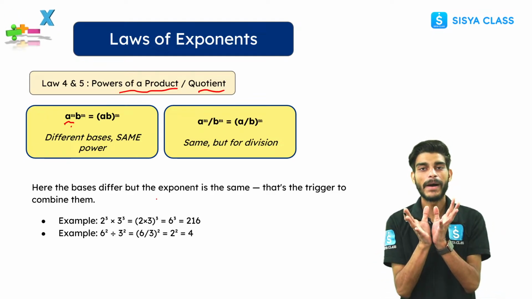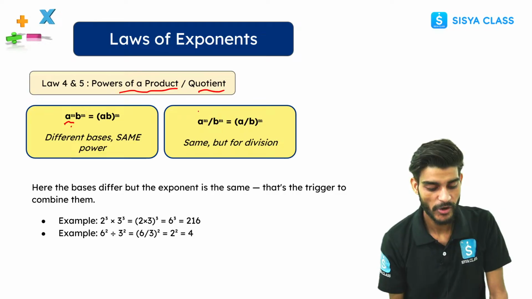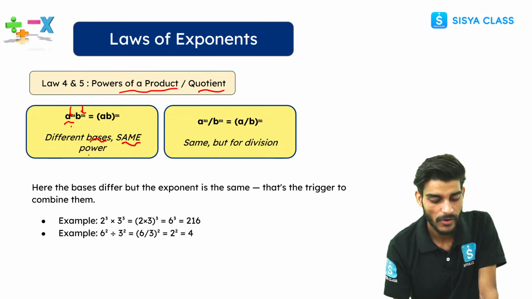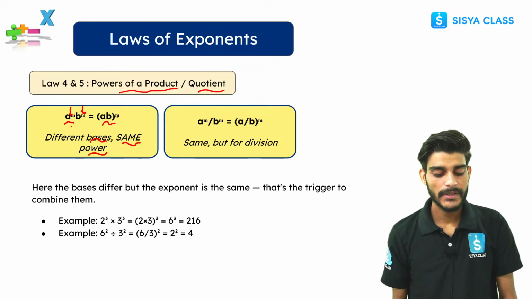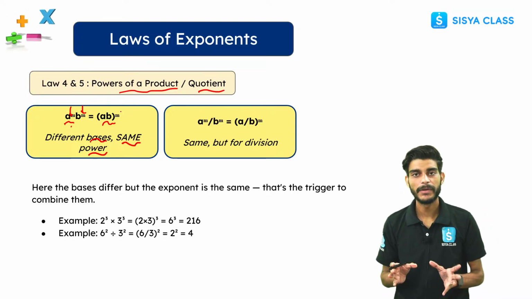So we can combine these 2 bases and take the power as common. But the important point here is that the powers are common. Bases are different, but powers are common or the same. So just multiply the 2 numbers and take the power as common. This is what you have to do in multiplication.